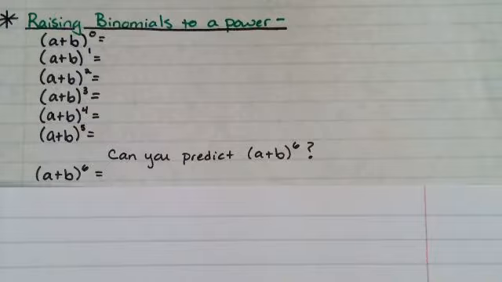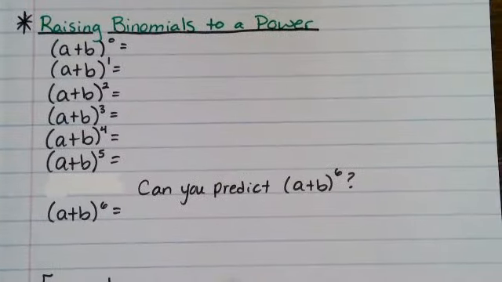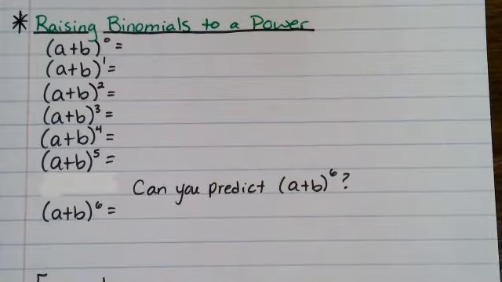Okay, so when we raise binomials to a power, we're going to work through some of these. Some of it is pretty straightforward. I'm going to put one of these on here where I've got a little bit larger print, so a little larger notes there.